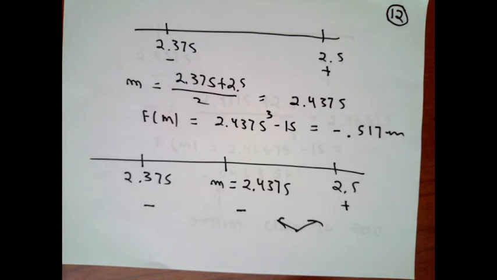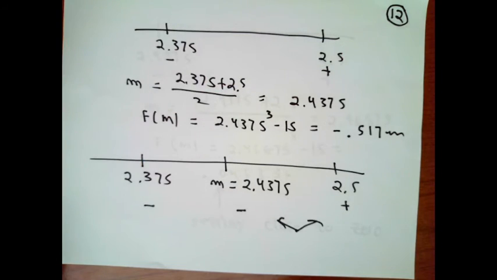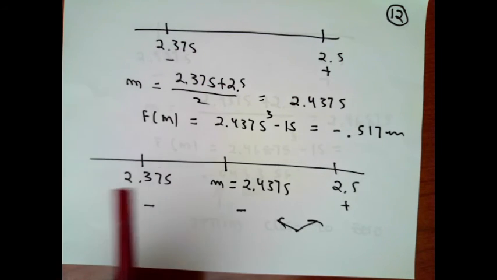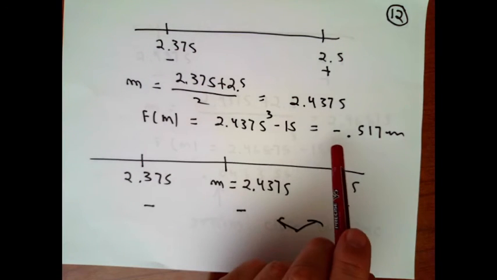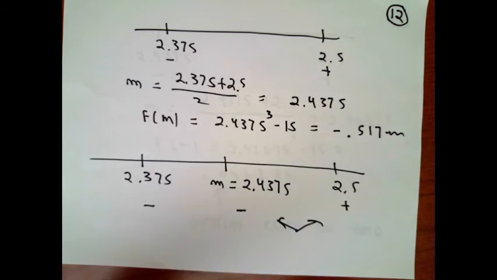This is somewhat tiresome, but when you have a computer to do it for you, it will be much less so. Average 2.375 and 2.5 to get 2.4375. The function value there is negative 0.517 and other digits.